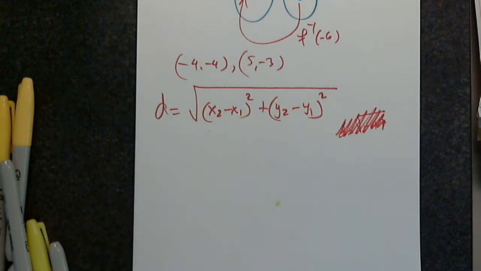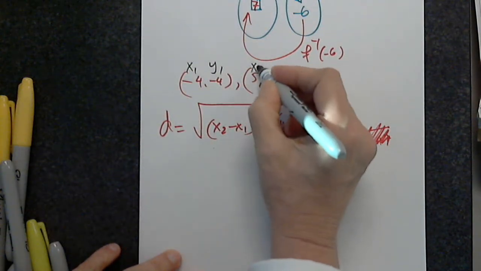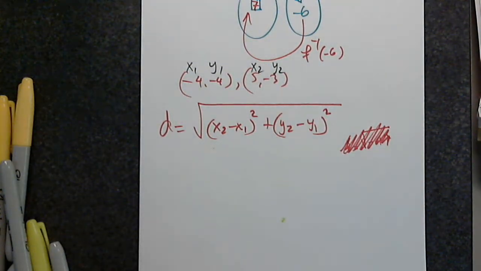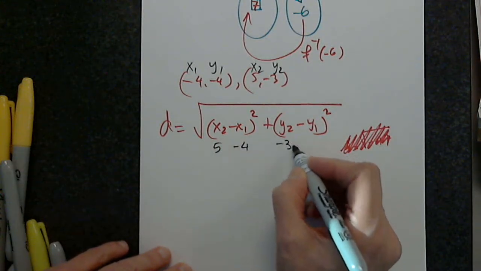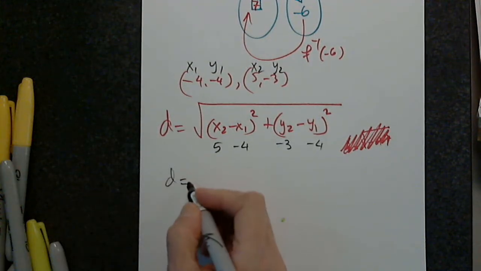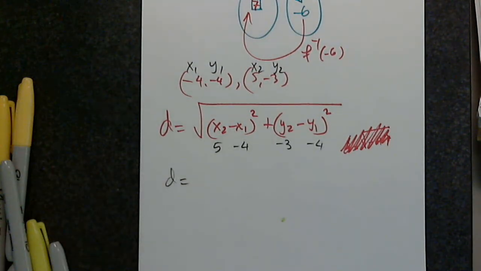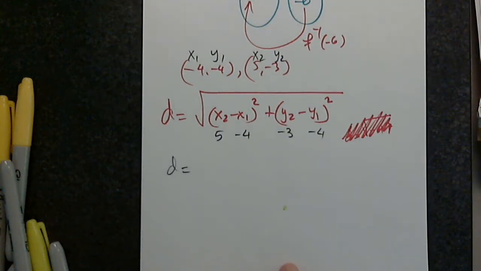Good. So I label them. This is the method I like to apply. You apply the method you like. So this is x1, y1, and this is x2, y2. I write them underneath, which means 5 and -4, -3 and -4. So now I write a distance as being the square root of 5 minus -4. What is that?